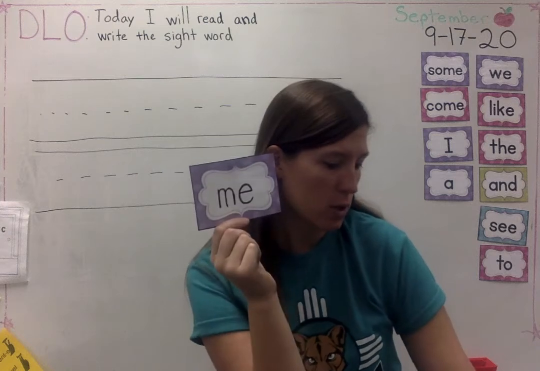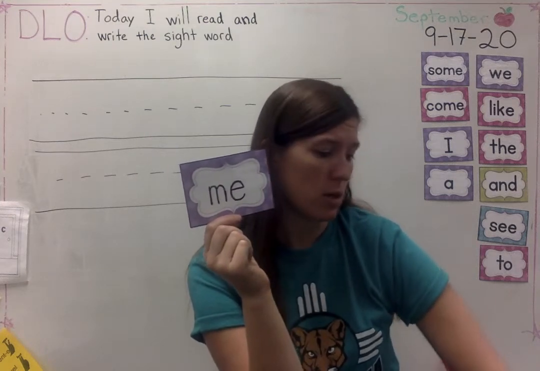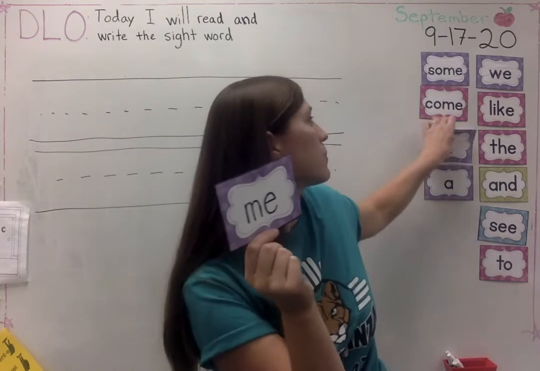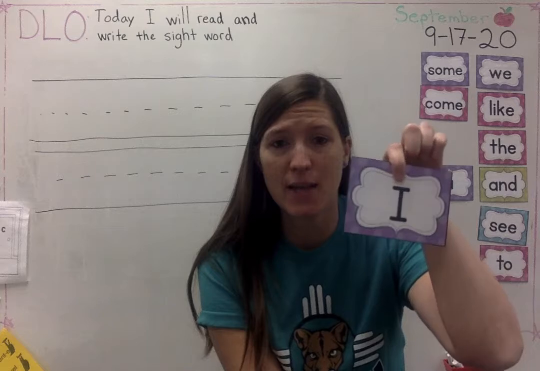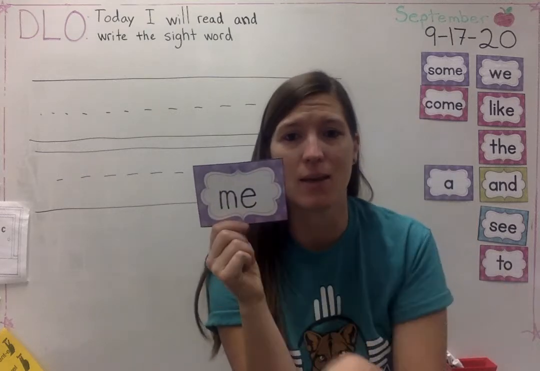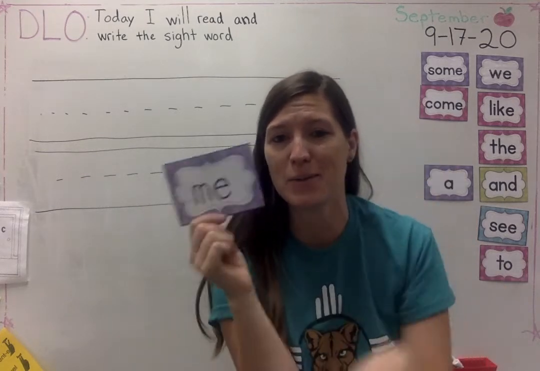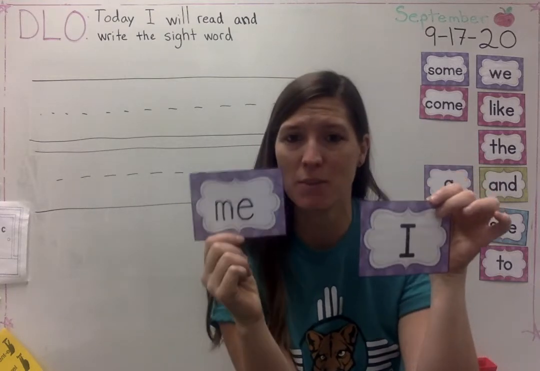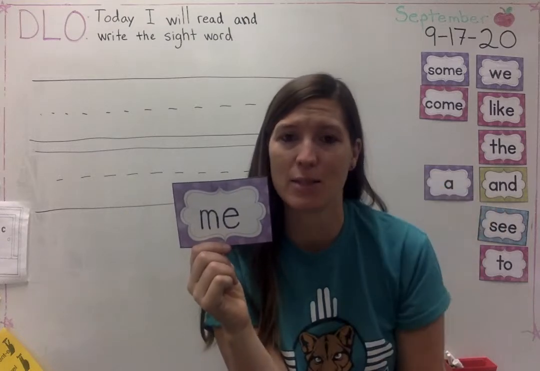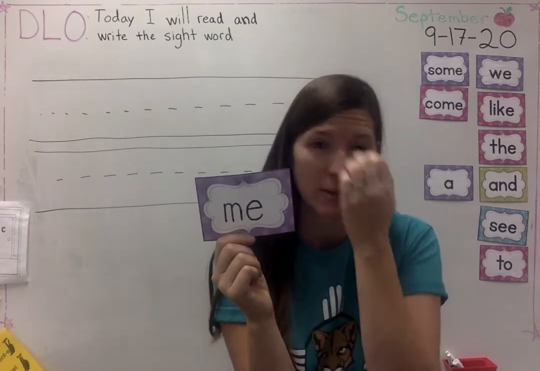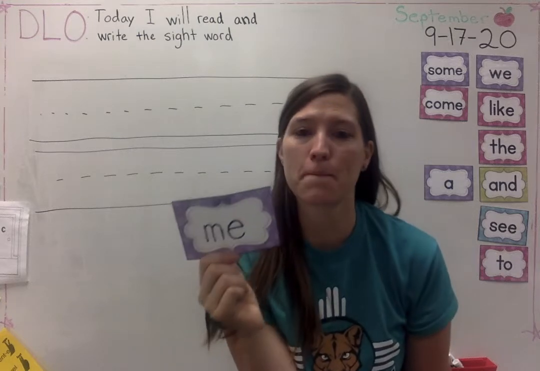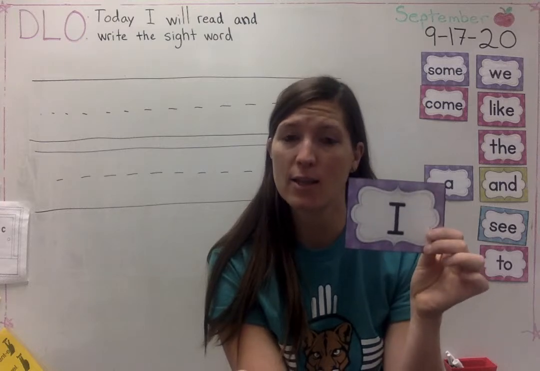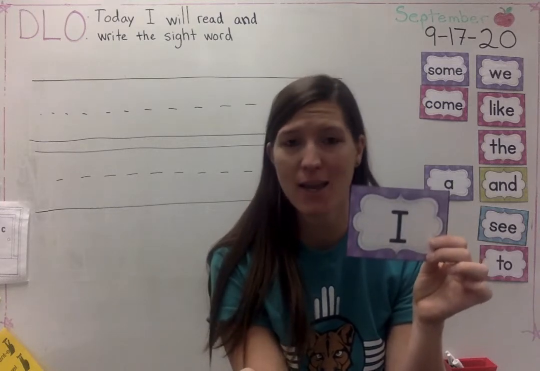Let's go over our song and sing a couple of them if we've got time. Capital I spells I and I is about me, M-E. Capital I is a letter and a word that's about me. I use sentences all the time that start with I. I like the stars, I like to watch them in the sky.